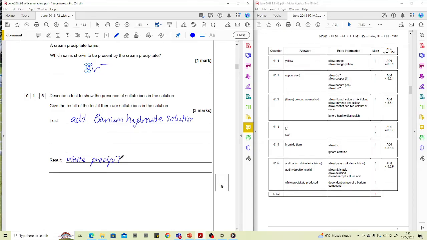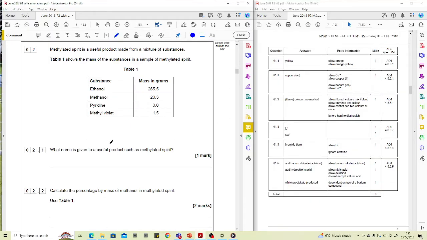There's something I've missed, and that is first add dilute hydrochloric acid, as it says in your textbook. That's to destroy carbonate ions, which would also form a precipitate.